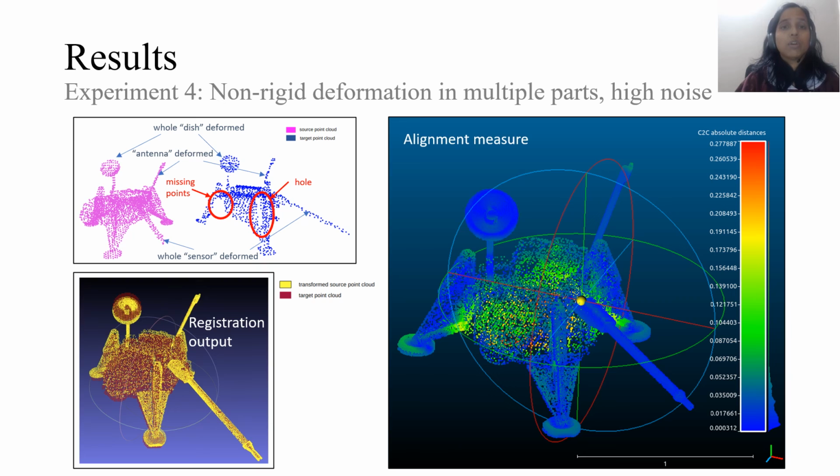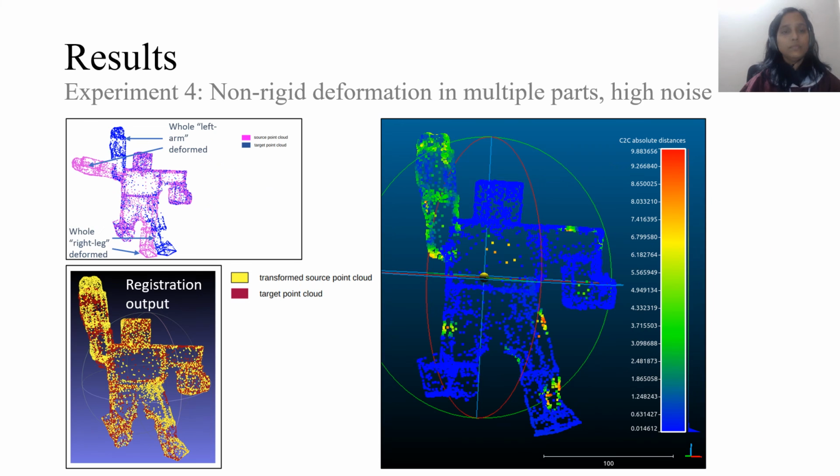In the case of the NASA Viking lander, the dish pole, sensor, sensor base, and sensor pole are deformed. We observe that the results are quite accurate even for this case. In the case of the Qbot, the left hand and the right leg are deformed.